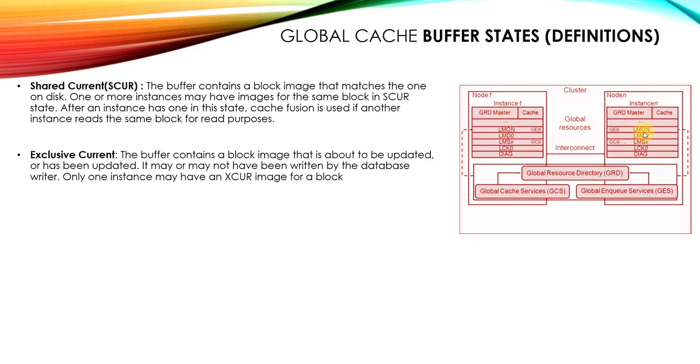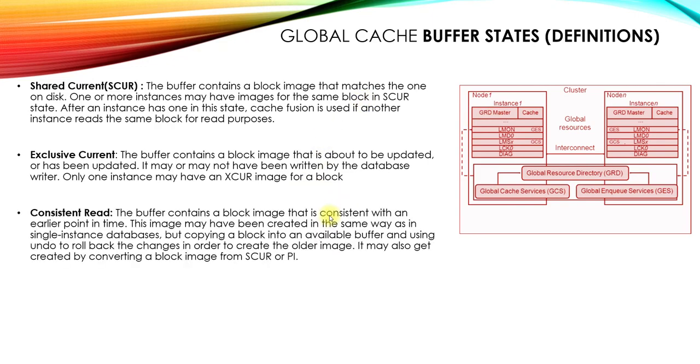There will not be multiple exclusive currents. In SCUR, shared current, there were multiple versions of the same block with the same system change number in the multiple nodes. But exclusive current will be only one, the latest version of that block. Hope you guys are understanding what I'm saying.